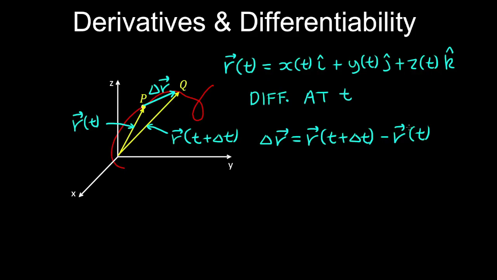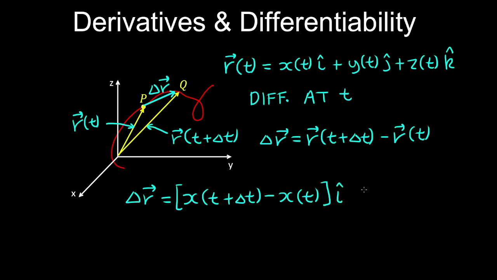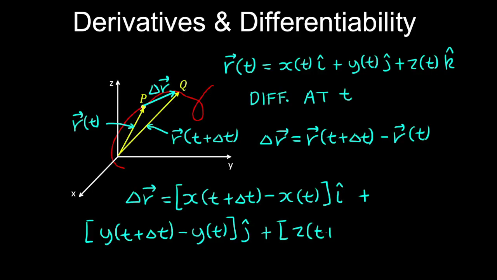So in terms of their components, we can write delta r as x(t plus delta t) minus x(t) in the i direction. And similarly, we have y(t plus delta t) minus y(t) in the j direction, plus z(t plus delta t) minus z(t) in the k direction.